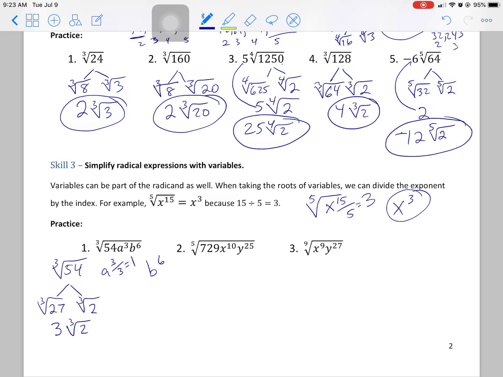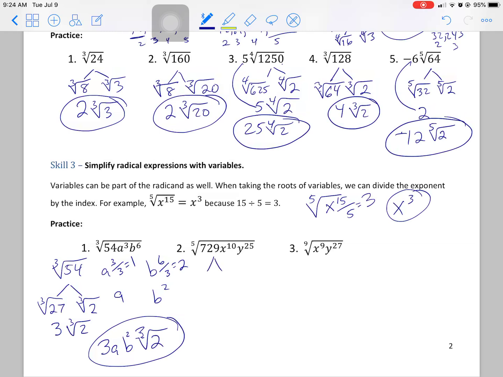Remember, we're dividing by 3, that's 1, so this comes out as just an A. Divide by 3, you get 2, so B comes out as a B squared. So my final answer is 3AB squared, cube root of 2. Oh, wait, make sure you get all the little parts.